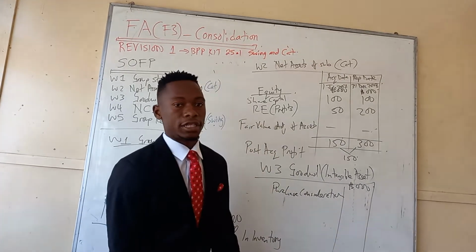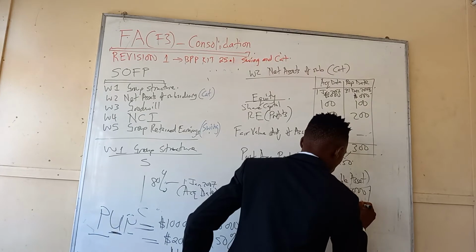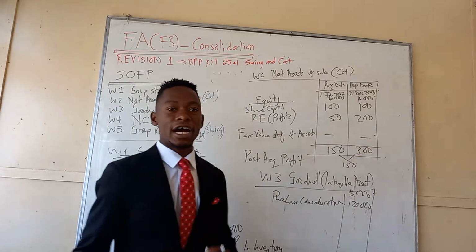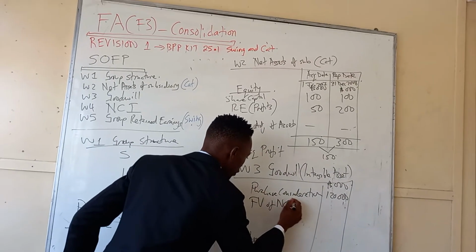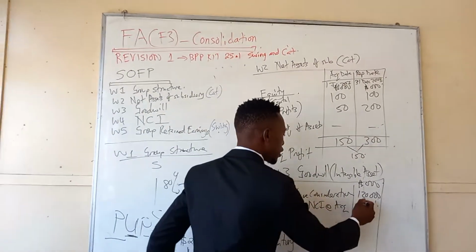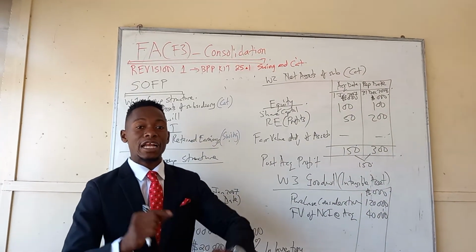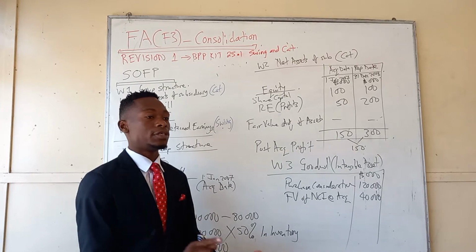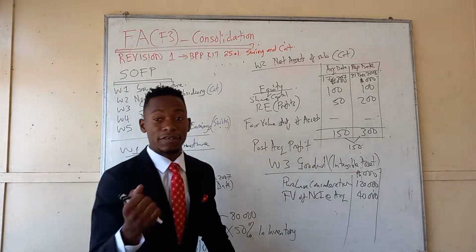Purchase consideration, this is the amount that you paid, right? How much did you pay to acquire the company? We paid 120. Then you add the fair value of NCI at the date of acquisition. What was the fair value of NCI? That's 40,000. Then you compare with the value of the company at the acquisition date. When you acquired, the company had a value of what?